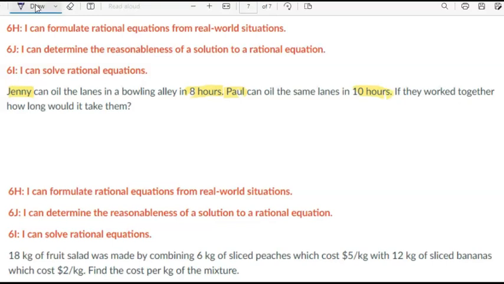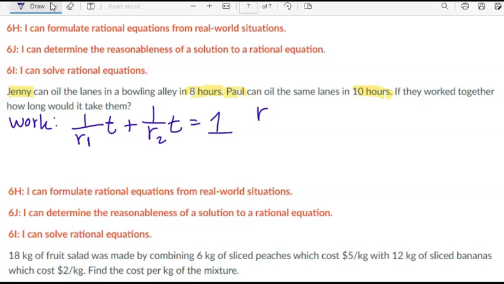The general formula for work will be 1 over rate 1 times time plus 1 over rate 2 times that same time equals 1 whole job. And if there were 3 people, you would have 1 over rate 3, and so on.